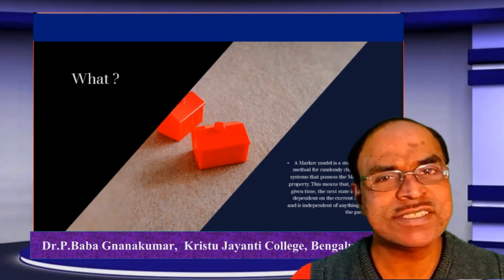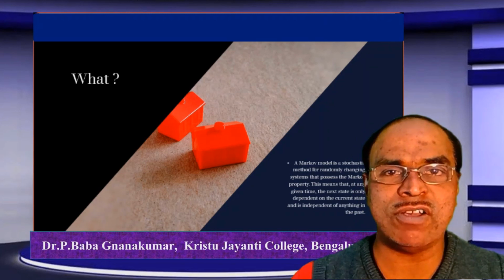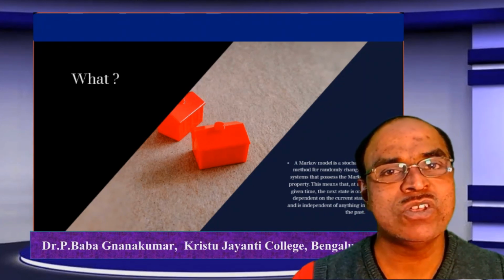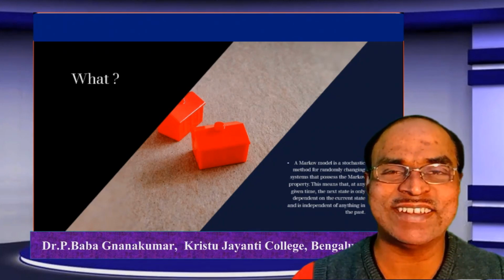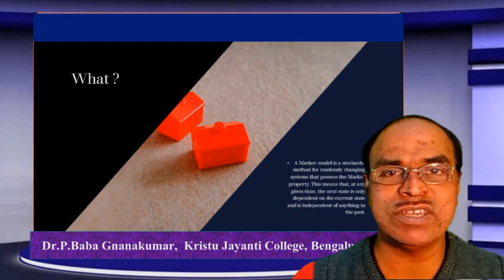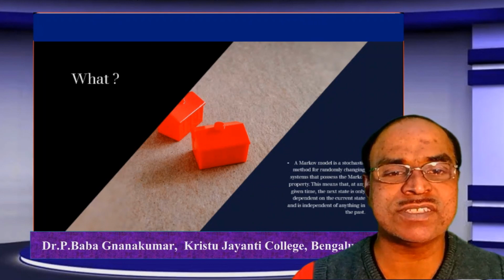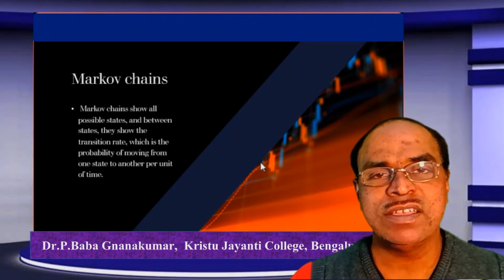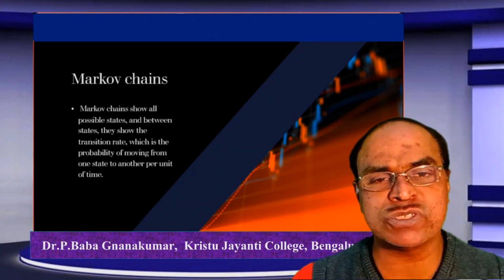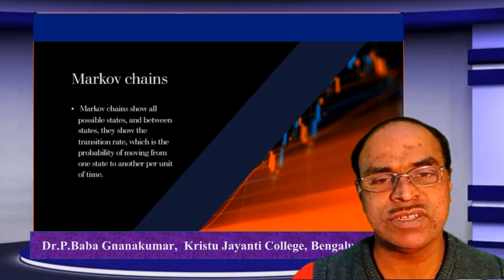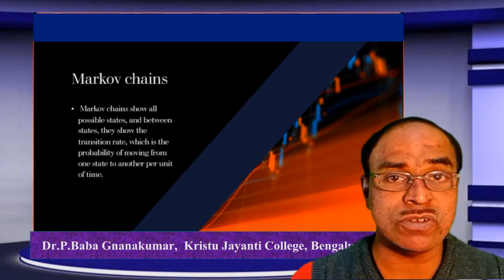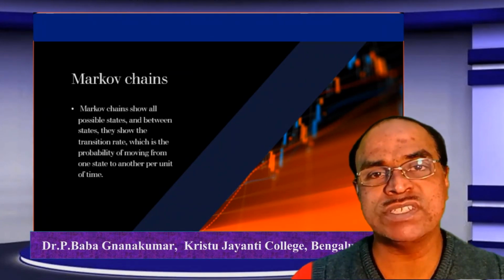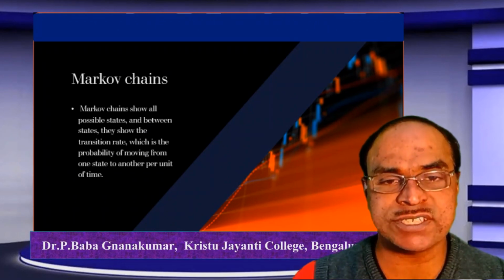It is simply the probability of shifting from one brand to another or one retailer to another. That is how the probability will be determined. Let us see the meaning of that. In case of the Markov model, it shows all the possible states, and between the states also. Say for example, from one brand, from Samsung to iPhone, what is the shift?